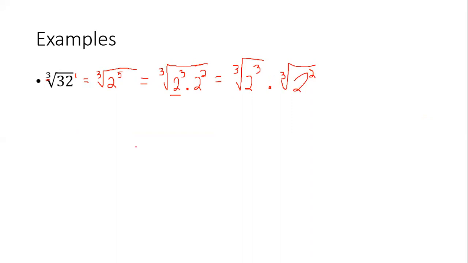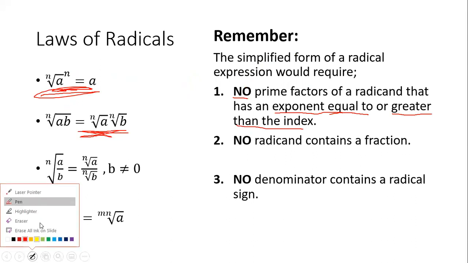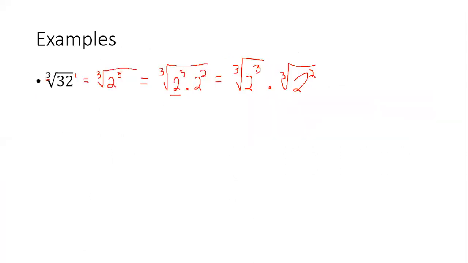Dahil dyan, balikan po natin yung laws of radicals, magagamit na po natin ito. So, the nth root of a raised to n equals a. Magka-cancel na po yan. Nag-cancel yan.